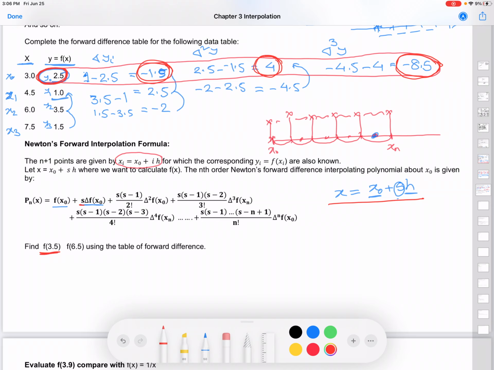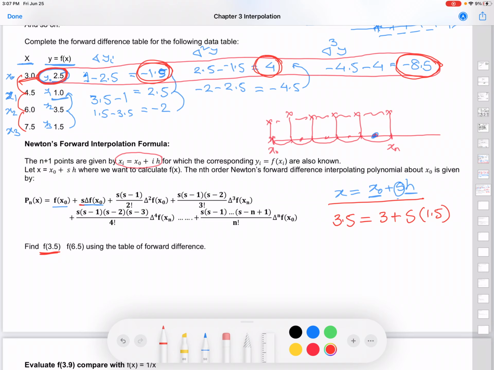So I replace x by 3.5, equal to x0, our starting point, which is 3, plus s times h. What is the common difference between them? 3 to 4.5 is 1.5, 4.5 to 6 is 1.5, 6 to 7.5 is another 1.5. So h is 1.5.